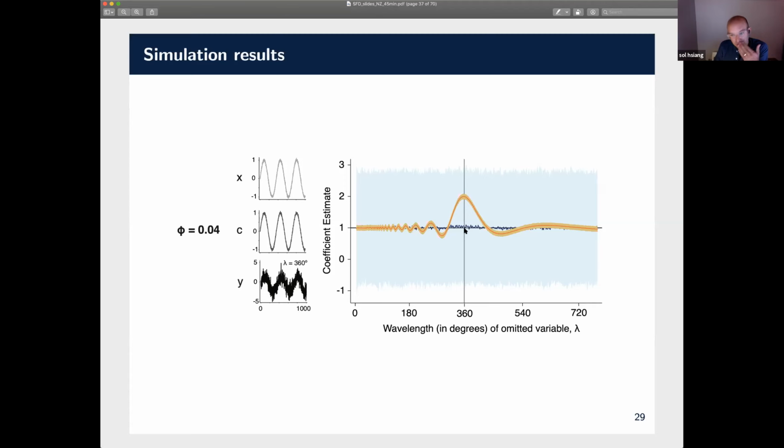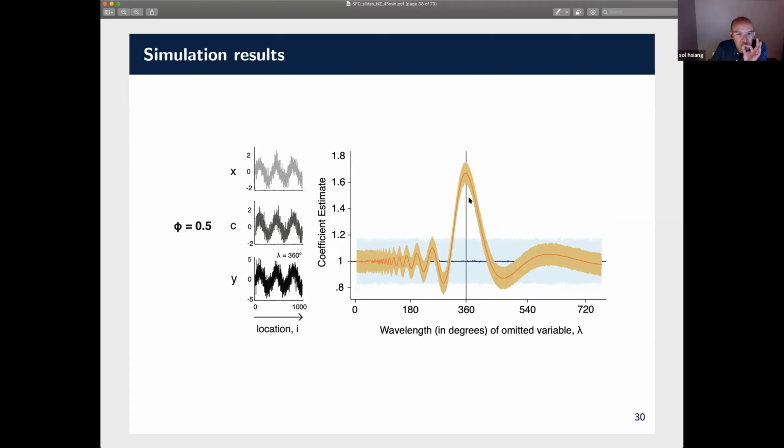But at least the spatial first differences estimate is consistent, though there's an efficiency-bias trade-off here, so there's a huge amount of noise. But even with just a small amount of additional noise in X, in a context where X has a very large coherent signal but a fair amount of noise on it, we suddenly have the spatial first differences estimator performing very well, regardless of what's happening with the frequency of the unobserved variable.